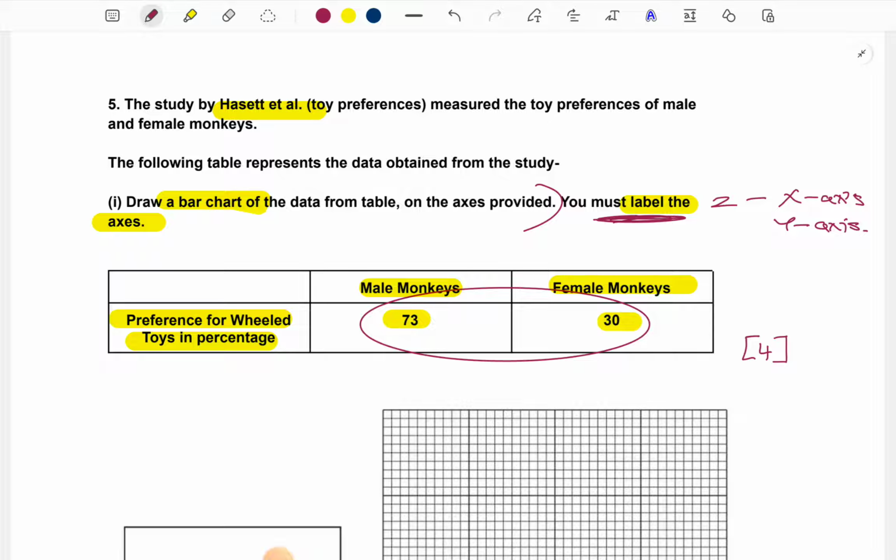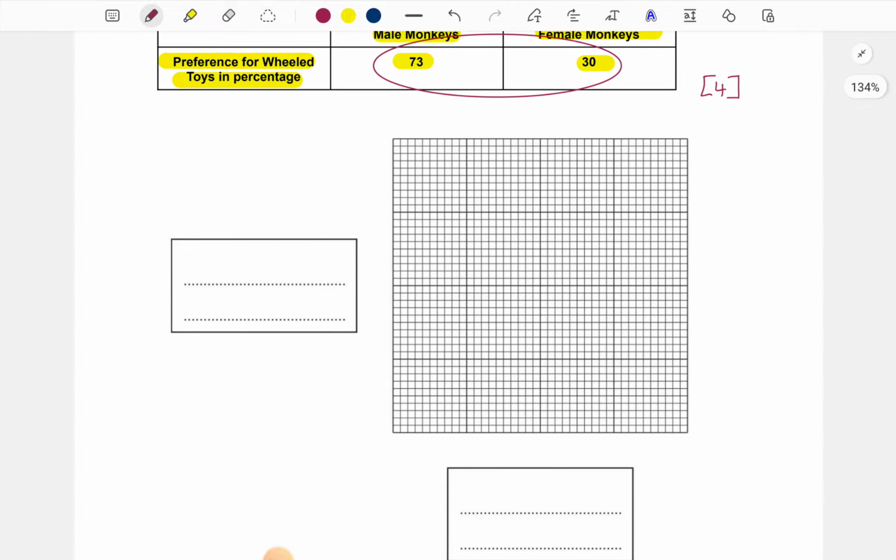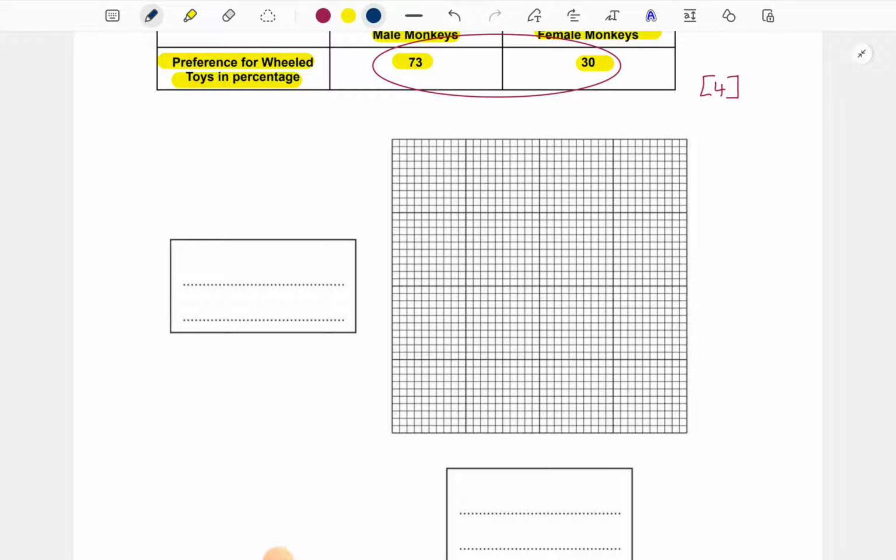But just one thing, take it in the correct spirit. They don't really go by fine measurement of what you have drawn. So you don't need to worry. That's all I'm saying. Don't worry too much about whether 1 millimeter is according to what it should be. That's not very important.